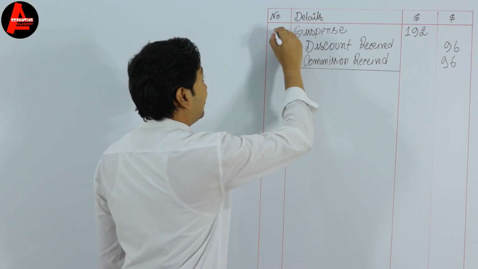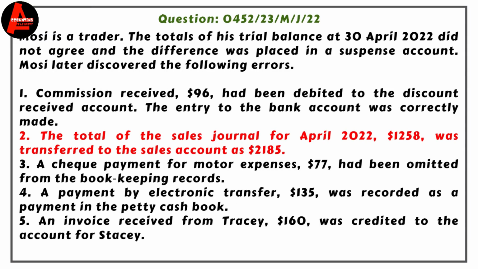Now we will do number 2, okay? Error number 2. So here what is written? The total of the sales journal of April 2022, $1,258, was transferred to the sales account as $2,185. Okay, so here the amount is a mistake.